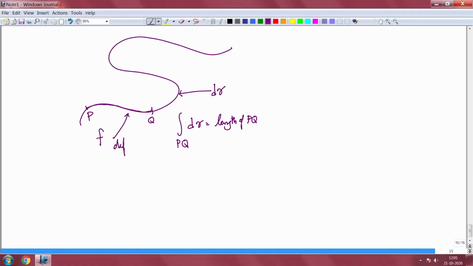More generally, if there is a function f defined on gamma, I want to define what f d gamma is. In one dimension, you already know these are line integrals, but the idea behind it is some sort of measure, which I am going to tell you soon.